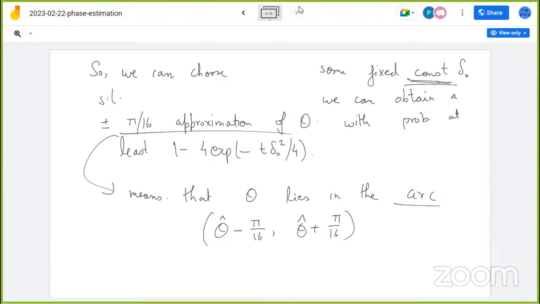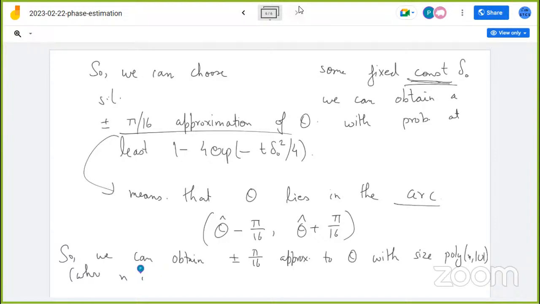So we can obtain theta hat, plus or minus pi by 16 as an approximation of theta, with a circuit of size poly n, where n is the number of qubits. In fact, it's not even polynomial, it's much simpler.